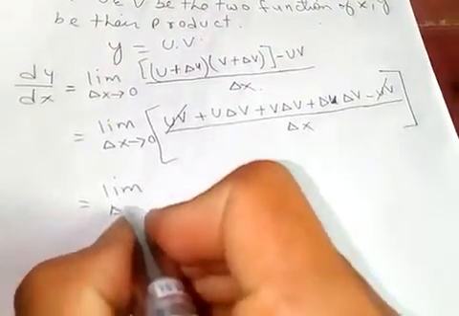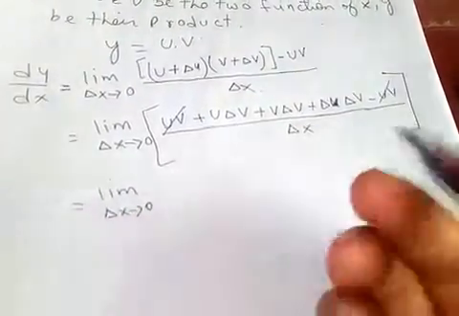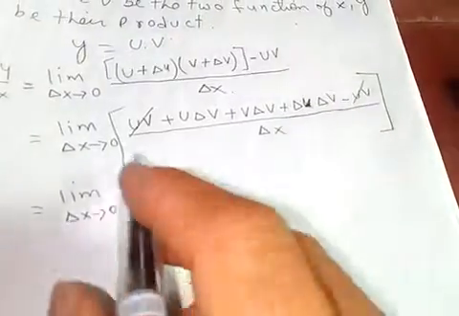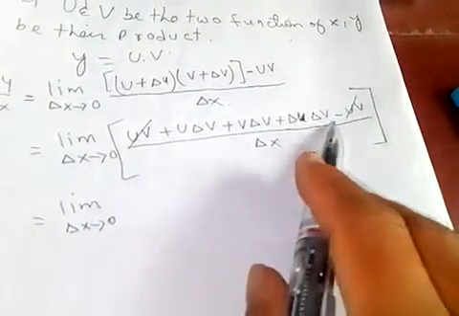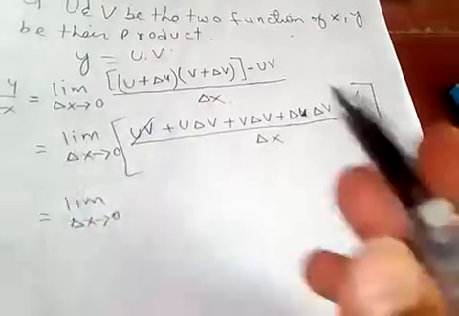Now limit delta x tends to 0. Here all are positive, so from properties of limit let's substitute directly.